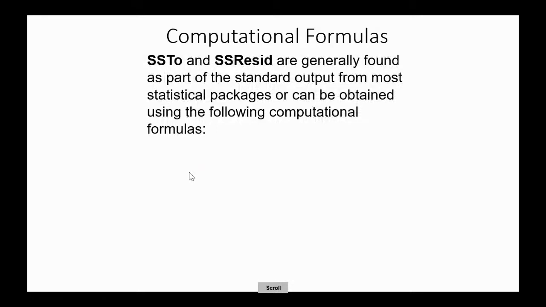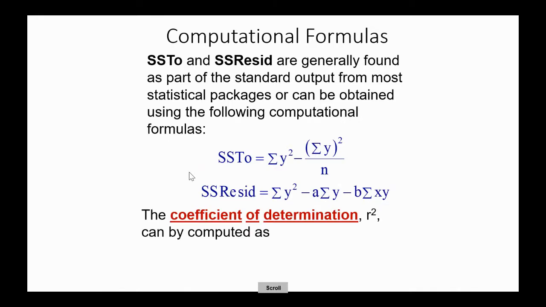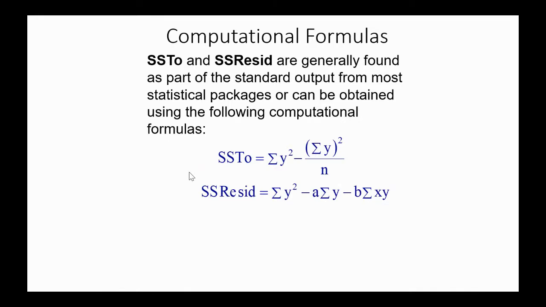Like I said, usually statistical packages will give it to you, but you can also use the following formulas. Another way to calculate the total sum of squares is the sum of all your y's squared minus the sum of the y's, where you sum them first and then square, divided by n.